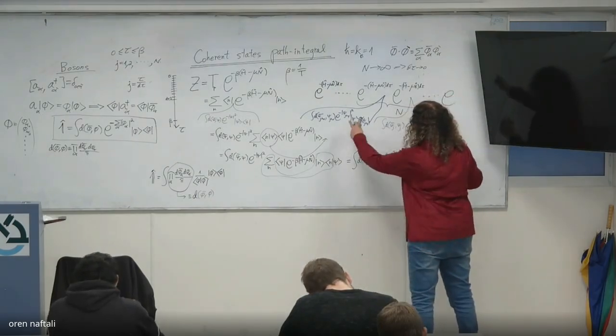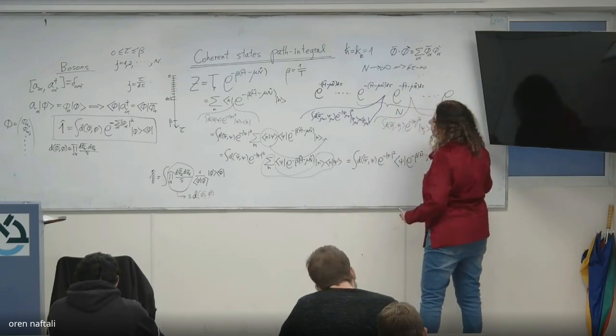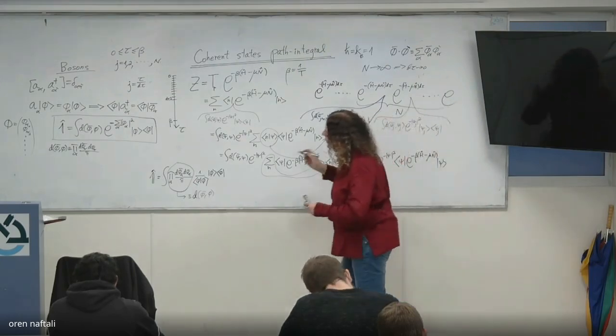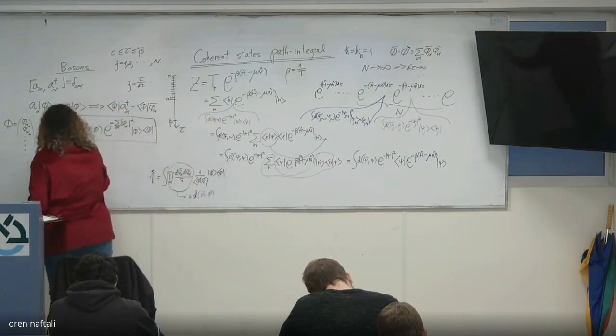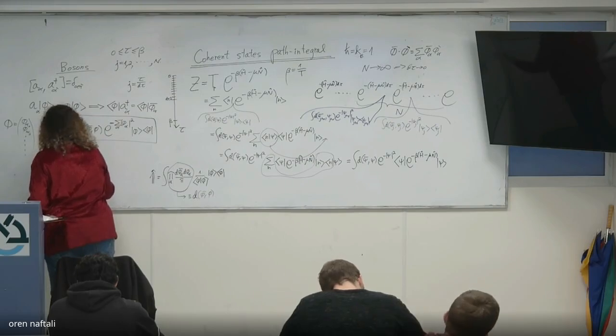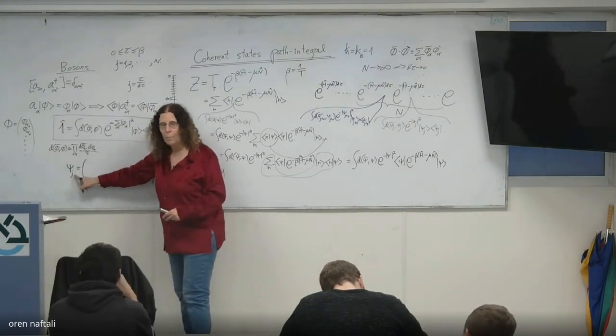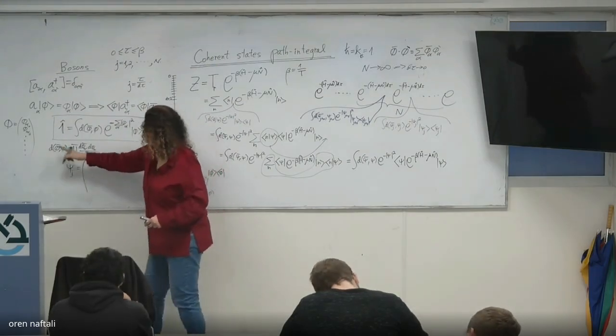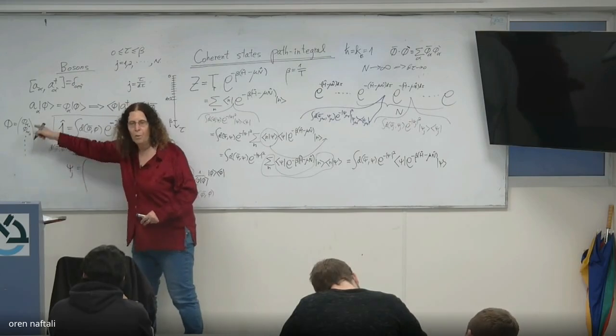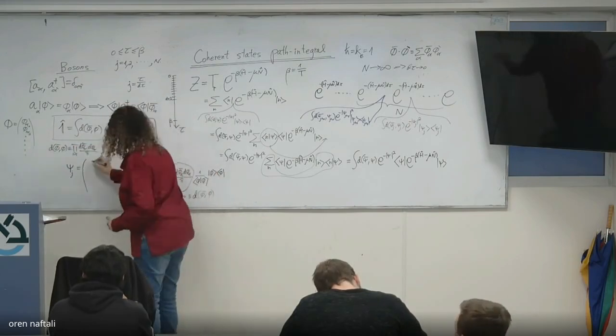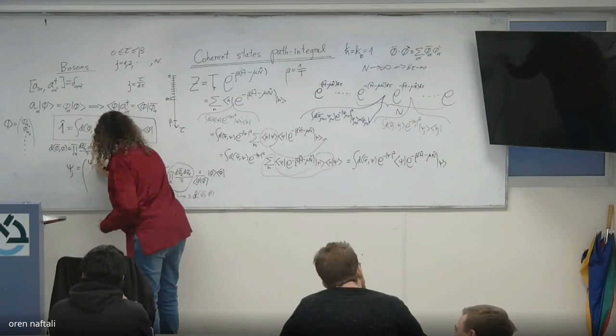Let me just write here the definition. What is psi j? For each j, what I call psi j is itself an array that has all the possible alpha indices. So I have psi j alpha 1, psi j alpha 2.